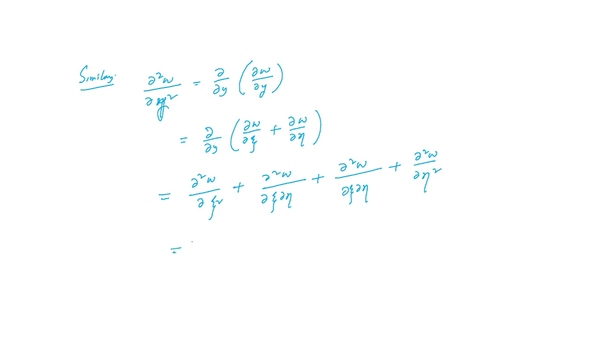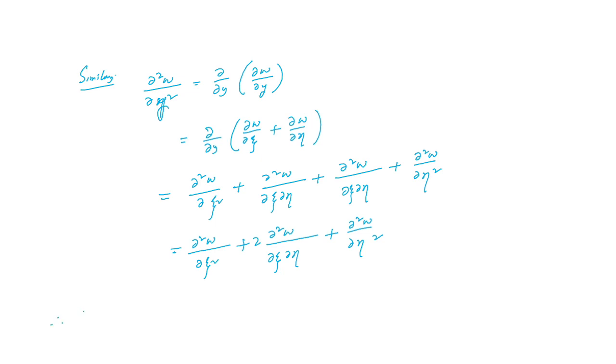So here this value will be del 2 omega del xi square plus 2 del 2 omega del xi del eta plus del 2 omega del eta square.